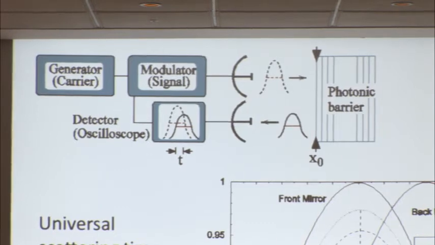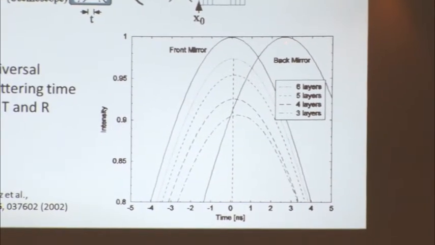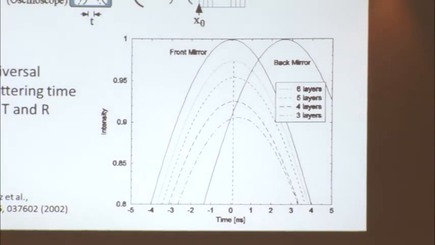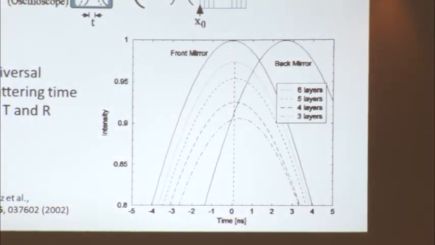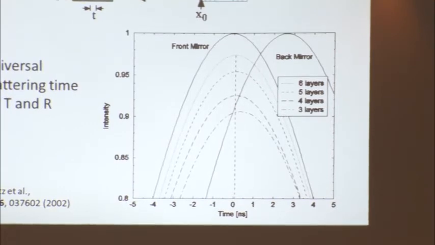And what we have shown is that the back mirror, if we have a metal plate here and reduce the lattice, of course the intensity of the reflection is smaller, but always the time is the same. That means at the front, the signal knows how long the barrier is and how high. And its time for the reflection or for the transmission, that's called the Hartmann effect, is independent of such a barrier length.